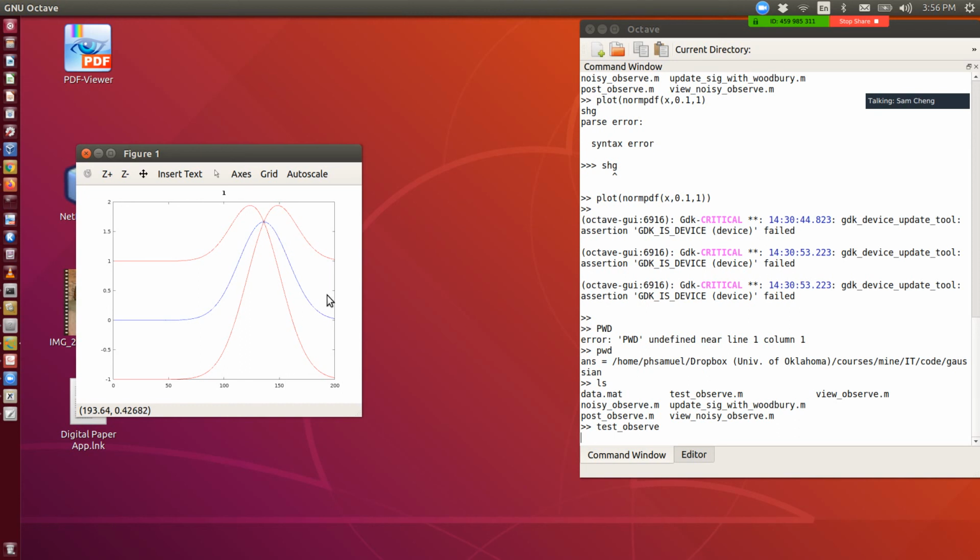Based on the prior, we assume zero mean, but because of this one observation we adjust our belief about what those means are supposed to be, and the variance is also adjusted. I can have more observations.